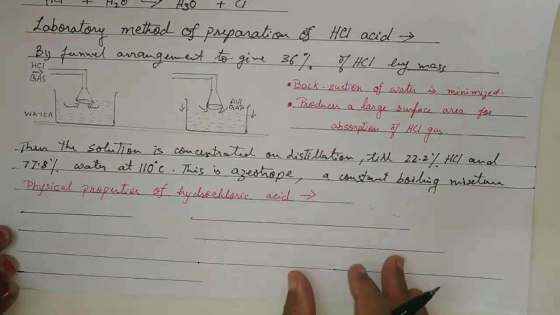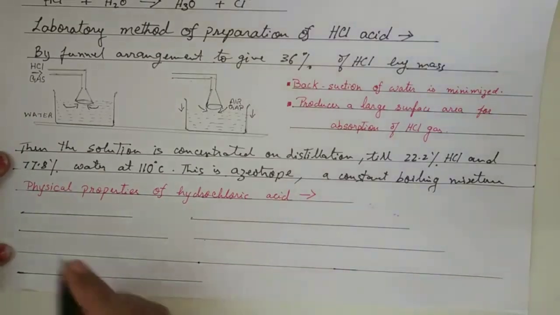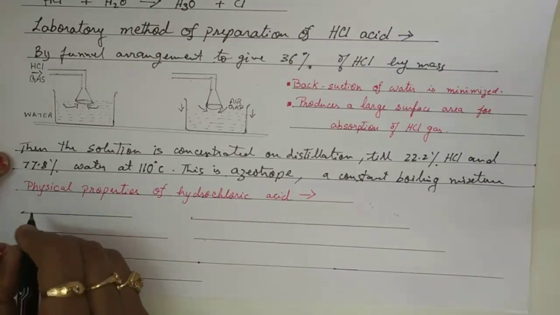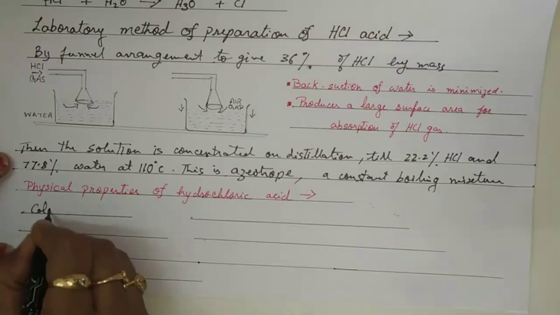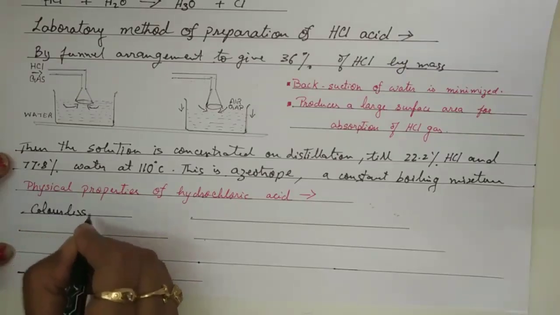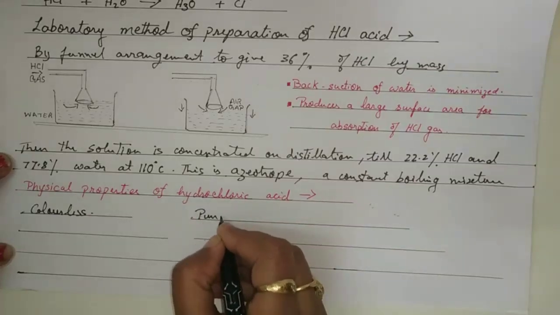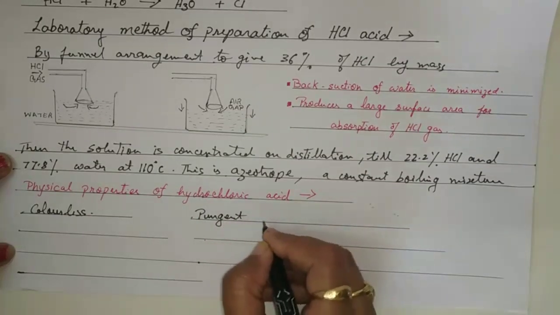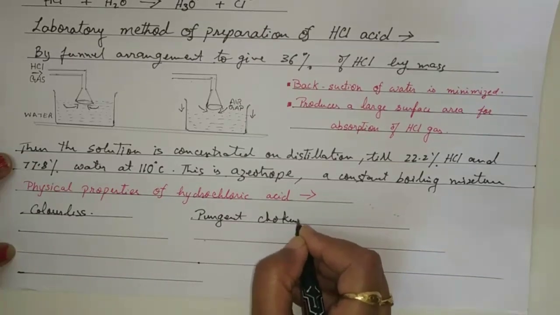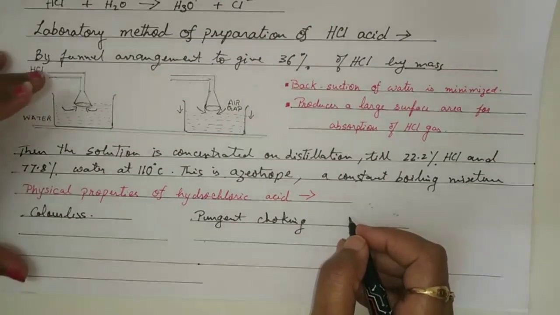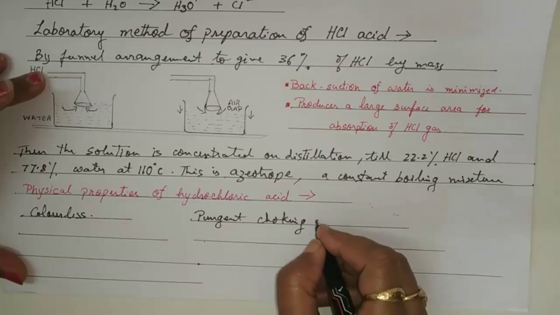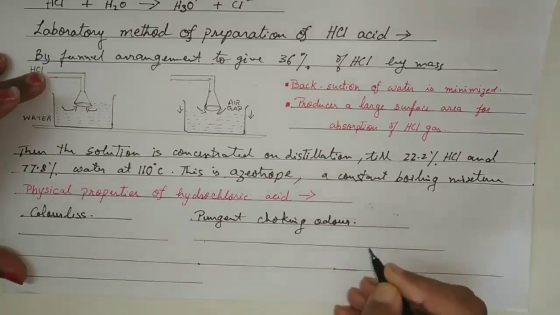So the properties are, the first one, as we had already discussed for hydrogen chloride, it is colorless. It has a pungent, choking odor.